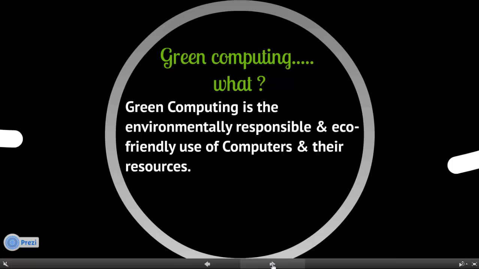Green computing is the environmentally responsible and eco-friendly use of computers and their resources. Green computing focuses on reducing the environmental impact of industrial processes and innovative technologies caused by the Earth's growing population.